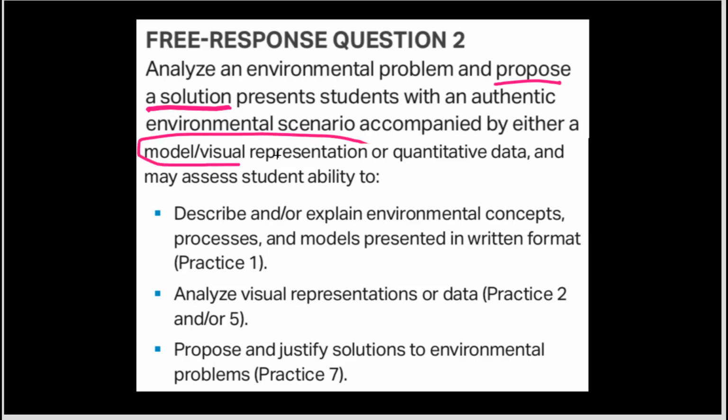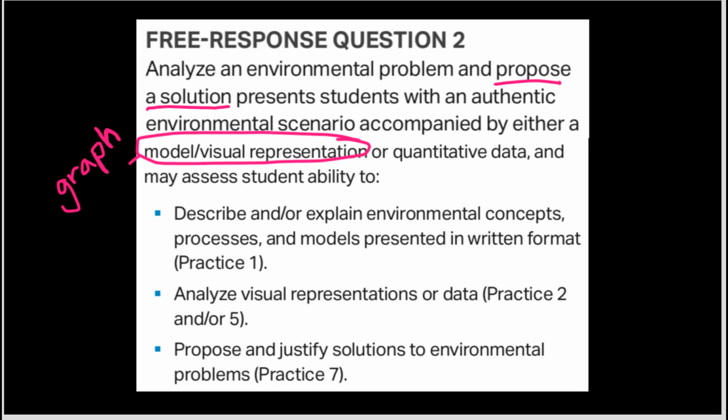This means like a graph, which is what you see in the one we have today. And then they'll ask you to describe or explain the concepts in the model in written format. They'll want you to analyze the data, look at the data, and see what's going on in there. And then they want you to propose and justify solutions to that problem.